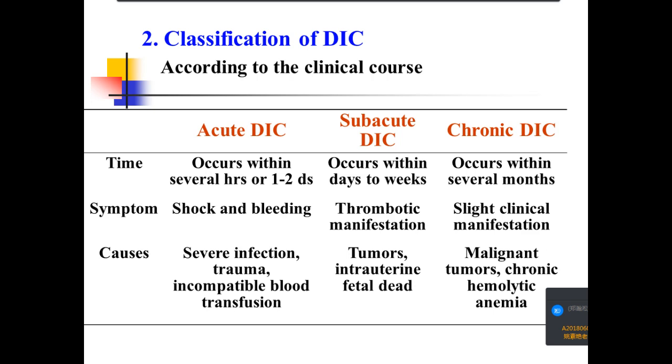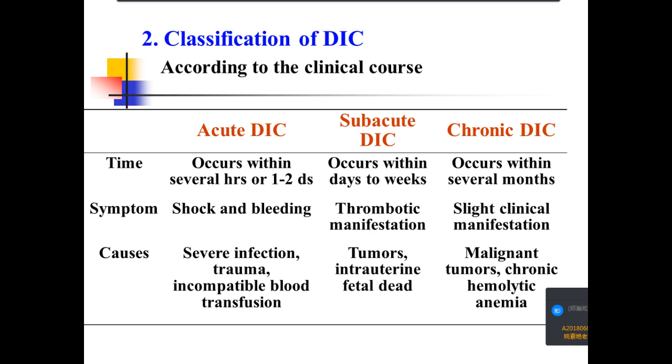Now, acute DIC may occur within several hours or 1-2 days, happening quickly, for example, with severe infection or trauma. The manifestation may be shock and bleeding. Subacute DIC occurs within days or 2 weeks.